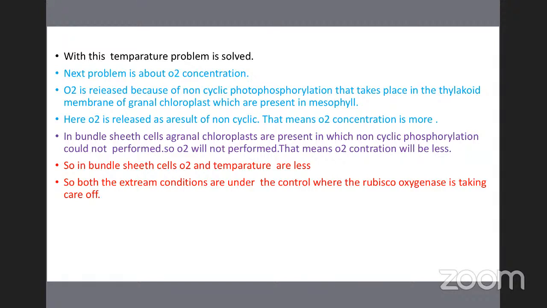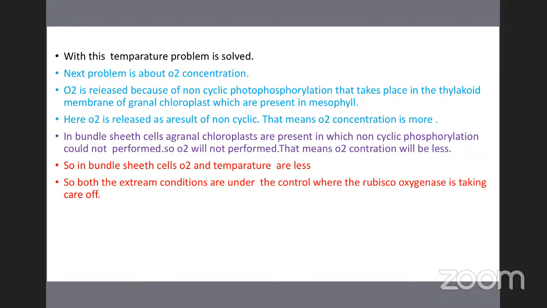So in bundle sheath cells, O2 and temperature both are less. These extreme conditions are brought under control, so Rubisco acts as carboxylase. So both the problems are solved.